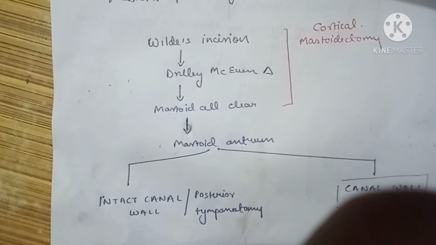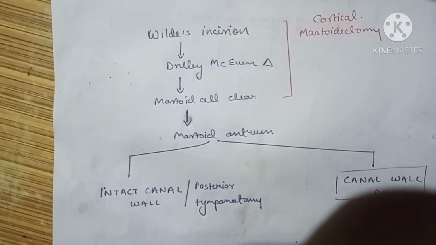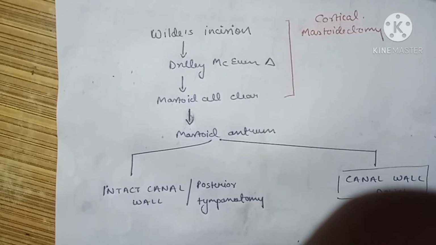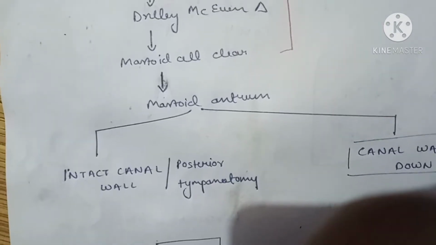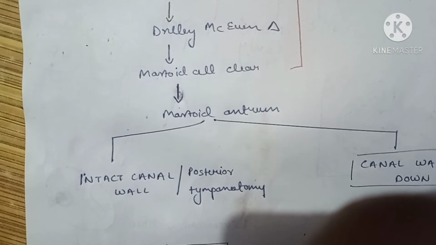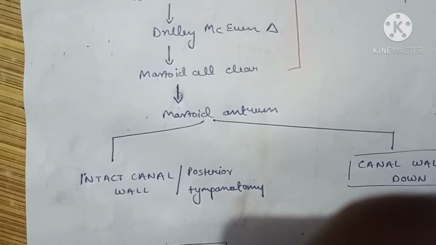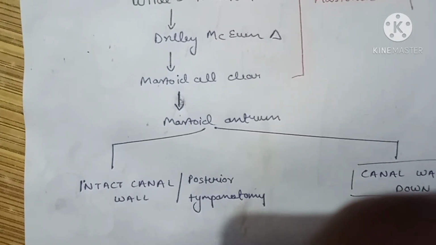So how do we start drilling? We start with a cutting burr, and then we use the diamond burr. This diamond burr ensures safety to the important structures because it cuts the bone very slowly. After drilling from McEwen's triangle, we go on clearing the mastoid cells that come in our way.